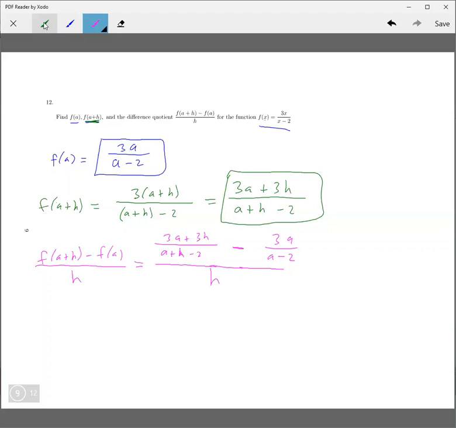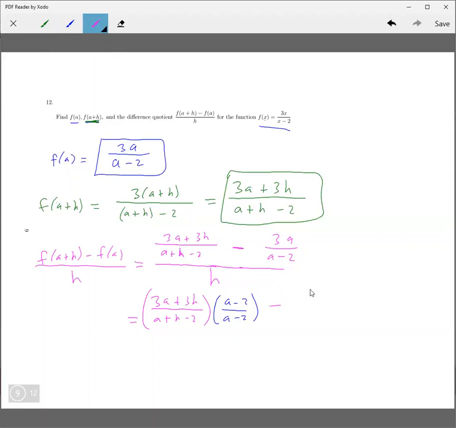Okay, this is kind of nasty, but what we're going to do is we're going to get common denominators. So this denominator is different from that one. So what we're going to do is we're going to take this first term, and we're going to multiply by this denominator divided by itself, okay?